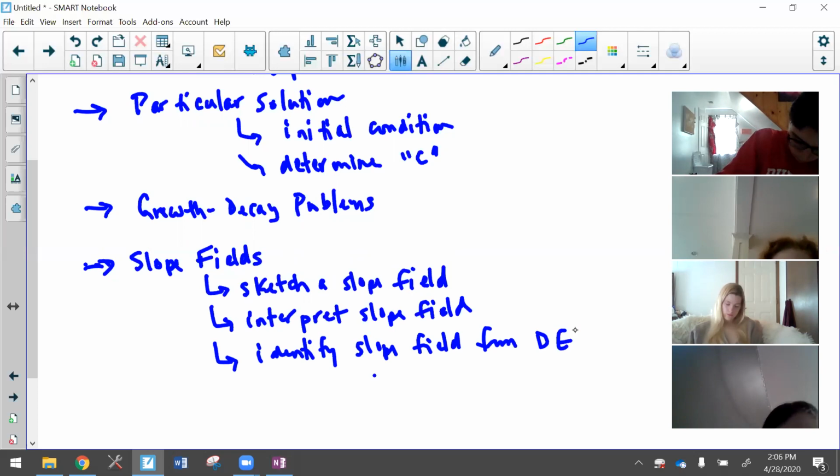And we did some questions like that. There were some multiple choice questions where here are 4 slope fields, here are 4 differential equations, identify which goes with which.